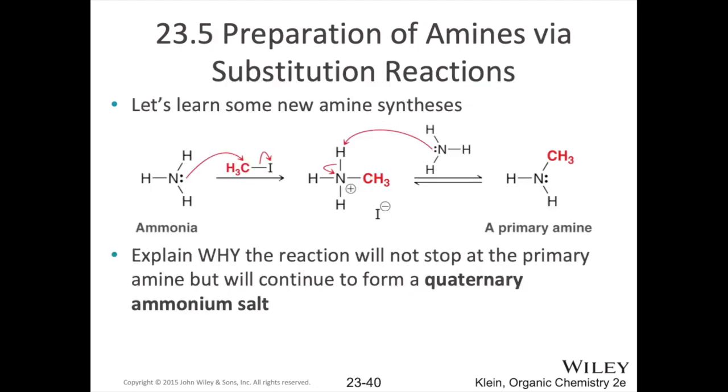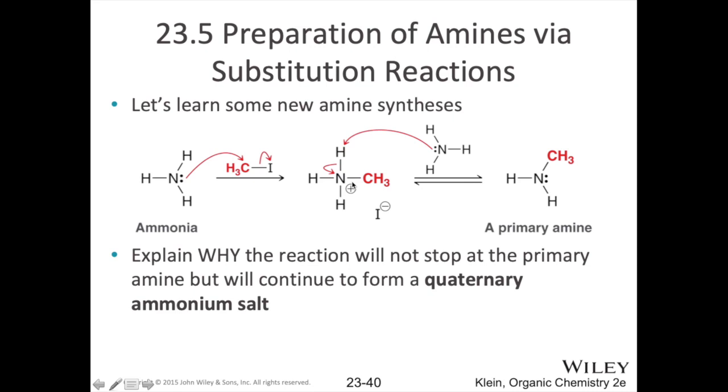All right, let's look at some new methods. As we've seen, the nitrogen in ammonia and amines is nucleophilic, so we can add on alkyl groups through a simple substitution reaction. If we use ammonia as our starting material and an alkyl halide, we can kick off the halide ion and make the corresponding ammonium.